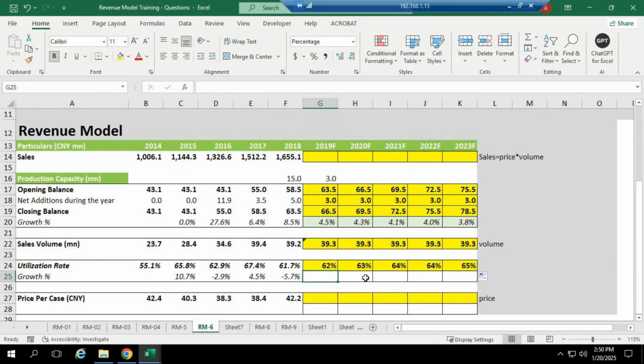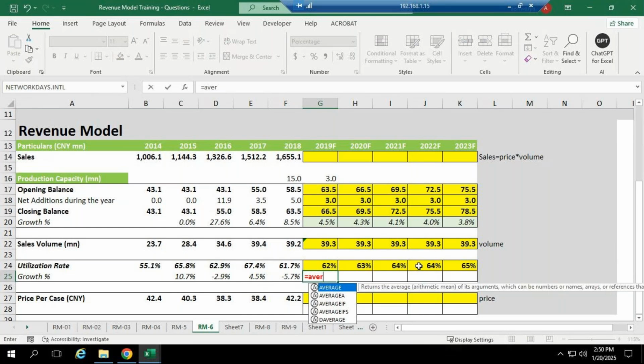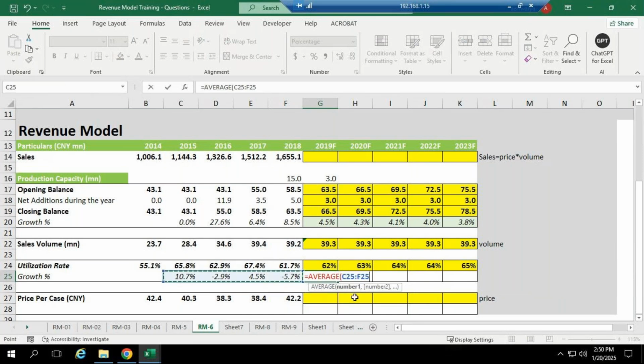So the 62%, the percentage growth, it has to be calculated here. So average of all the 5 years, I mean 4 years.